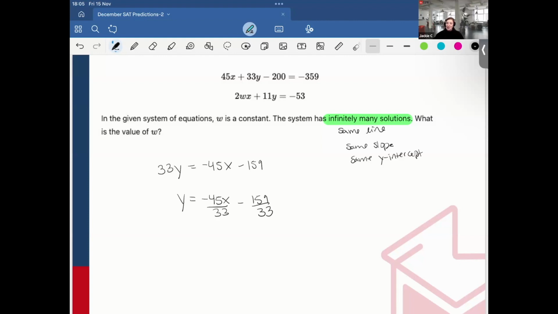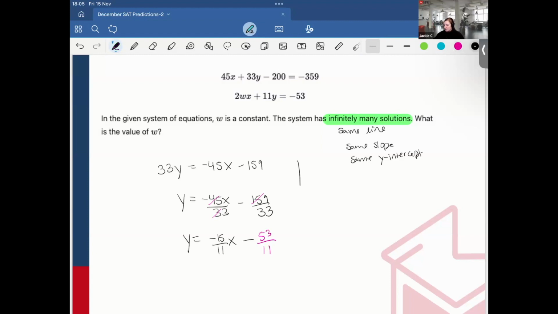And to make our life simpler, let's go ahead and simplify it. Here, everything's divisible by 3. So this could simplify to y equals negative 15/11 x. And also here, simplified, dividing 159 by 3, that's 53, and 33 divided by 3, 11.